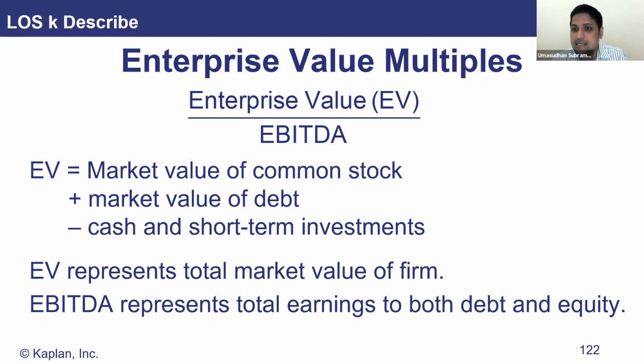So a higher EV/EBITDA multiple means the stock is overvalued, and a lower multiple compared to the industry means the company is actually undervalued, right? The logic is the same. EV/EBITDA talks about the multiple at which the company's equity and debt both trade. So we are overall trying to see if the company is overvalued in terms of debt and equity, right?